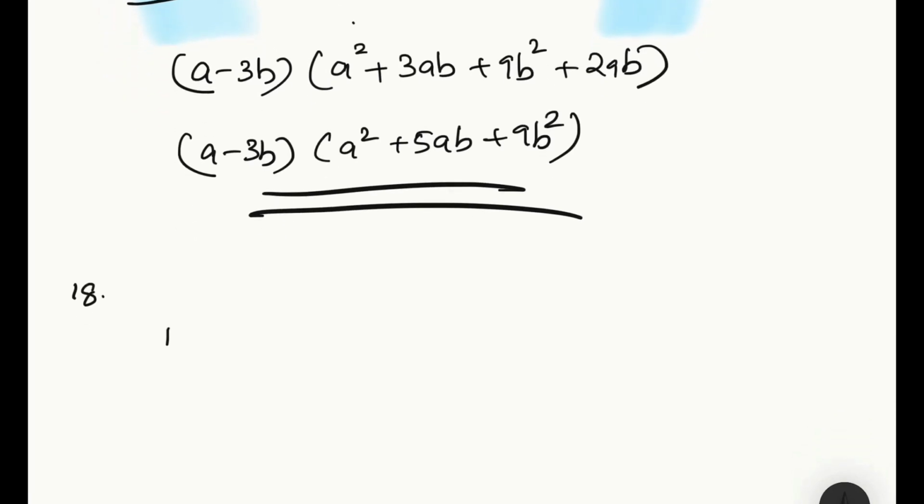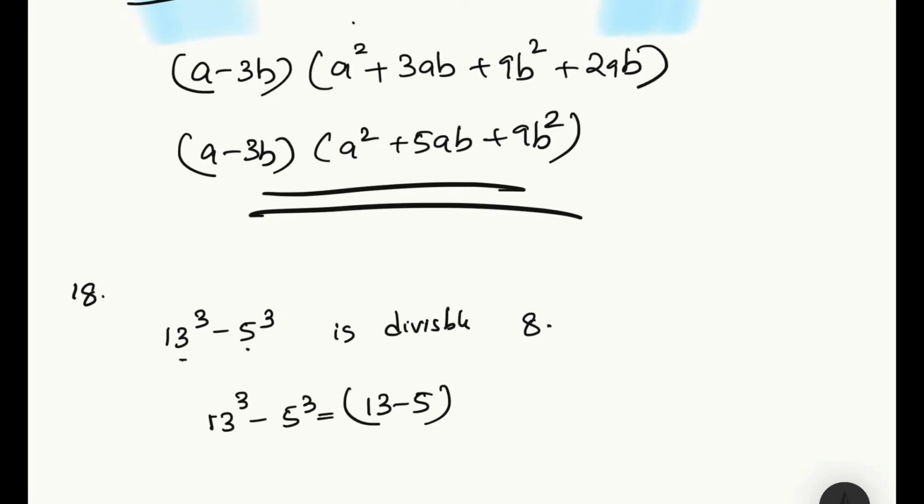Show that 13 cube minus 5 cube is divisible by 8. Okay. So what is 13 cube minus 5 cube? In the formula a cube minus b cube, I can write this as 13 minus 5 into 13 square plus 13 into 5, that is 65 plus 5 square, right?